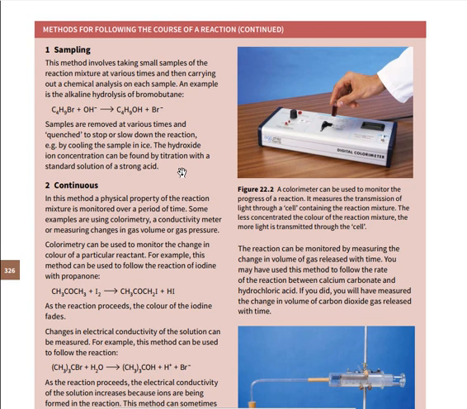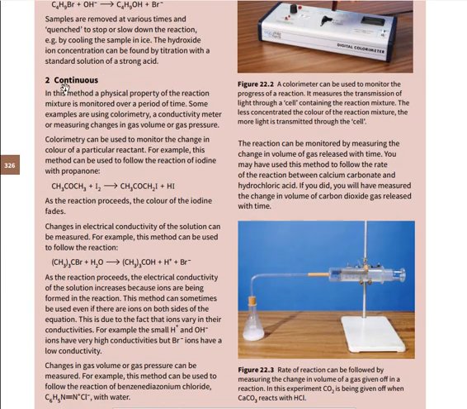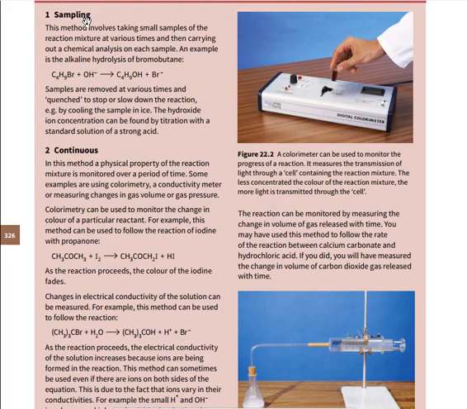In this reaction you have bromide ions. Now you quench the reaction and then you can visualize the color, or you can also do titrimetry, or dilatometry, all these. So this is the sampling method where you quench.